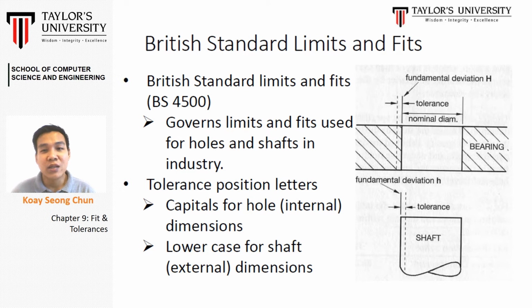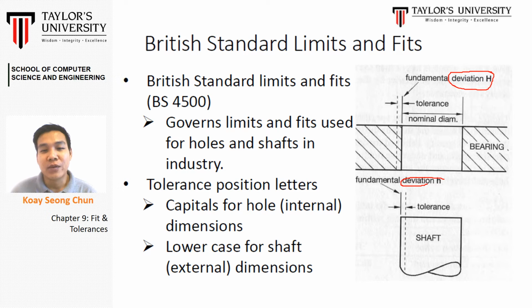All these standards have tables to refer to, where they have a system. The way they list out the limits, they use alphabets. They put the alphabet and the figures to set the tolerance for the shaft and the hole.